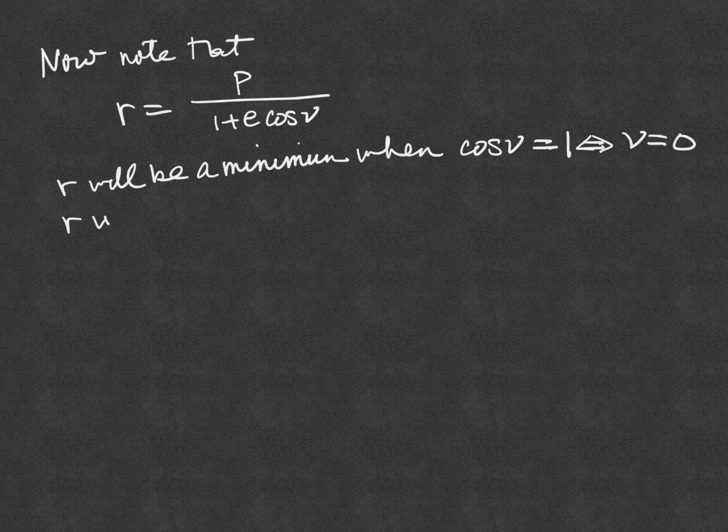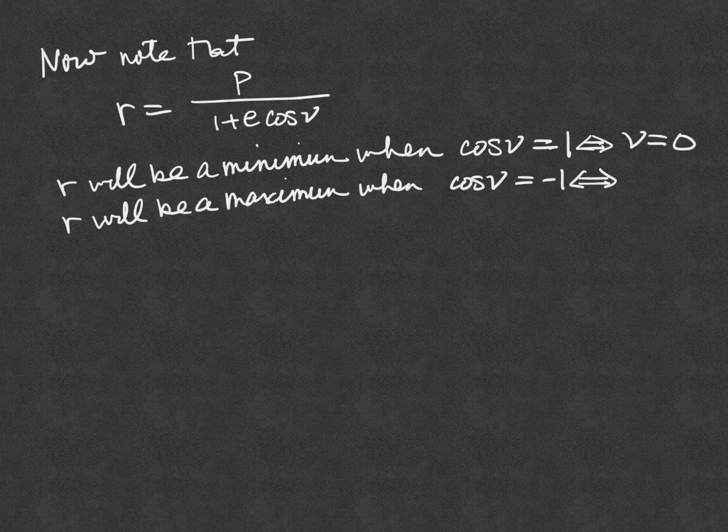R will be a maximum when cosine of nu is equal to minus 1, which is the same thing as saying nu is equal to pi.